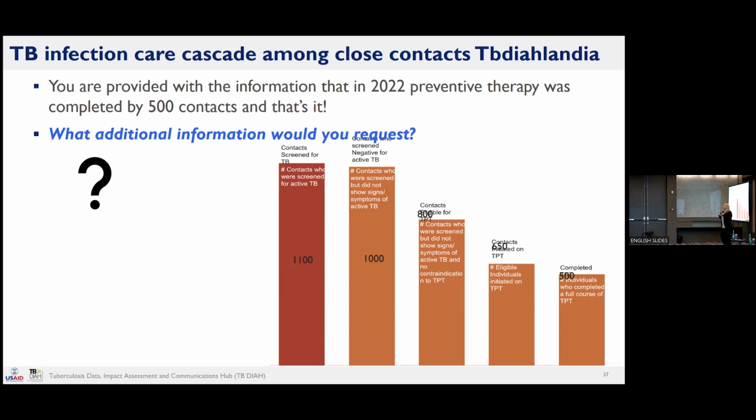So here we have all the contacts. 1,100 were tested. 100 were confirmed, showed TB, and 1,000 do not have active TB, so they are eligible, but preventive treatment was offered to 800 patients by clinicians.